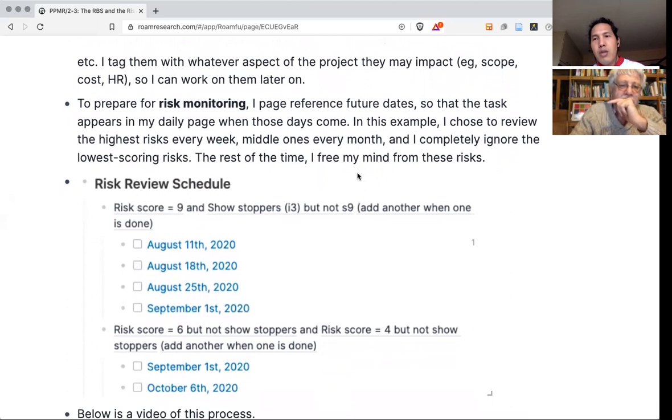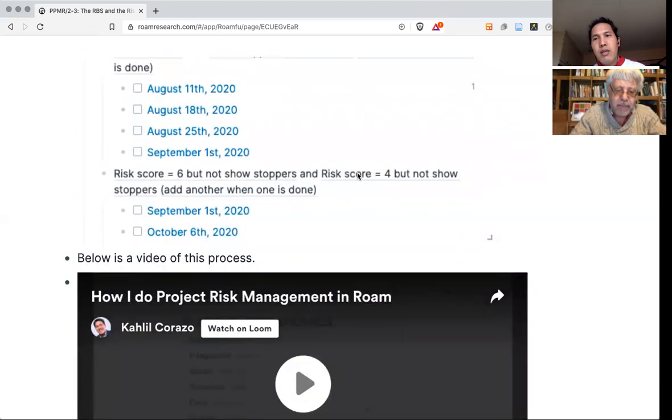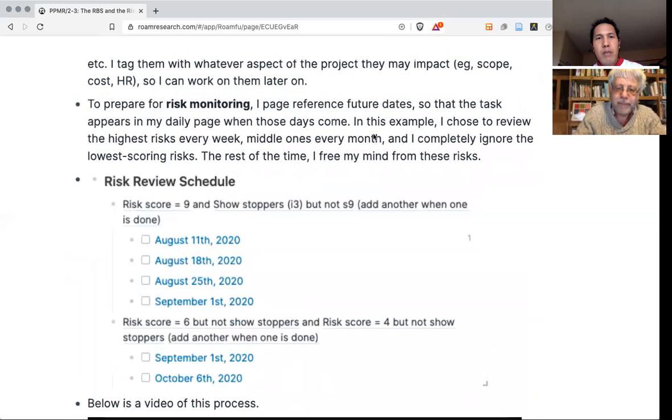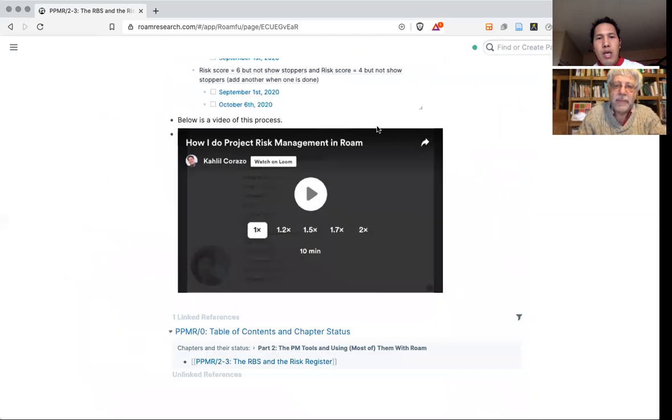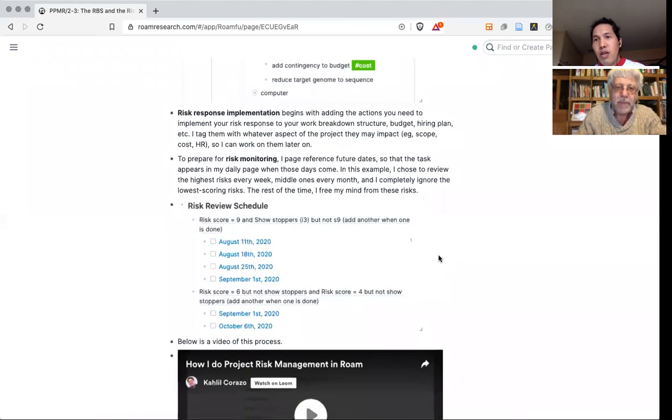And then prioritizing the risks, so that you focus your attention more on the risks which are more impactful, and that's basically it. In this chapter, you could also see a demonstration of how I did this in Roam. These are just screenshots of how we did that. And actually, if you're game, we could go through the entire process for an actual project right now.